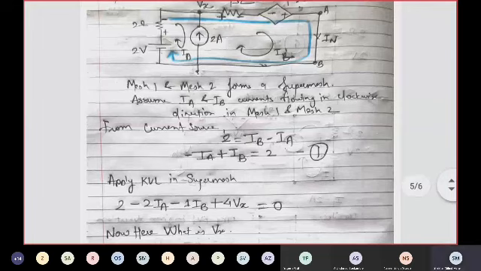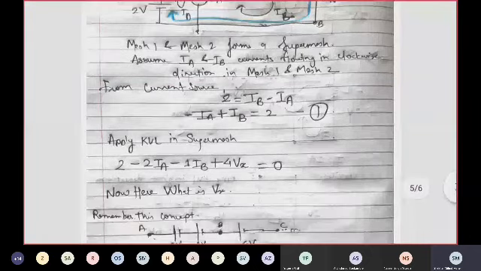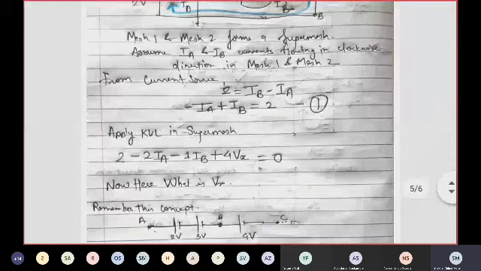But what is the value of Vx? That you have to find first, because we have to substitute the value of Vx here. Now consider this particular concept. If a 2 volt and 3 volt source are in series and you have to find the value of Vb with respect to ground, then you can directly say 2 plus 3 is 5.